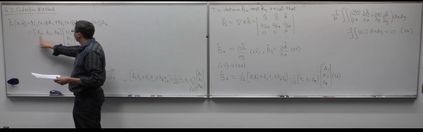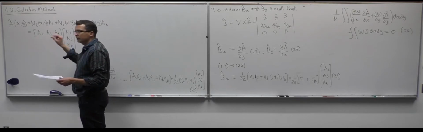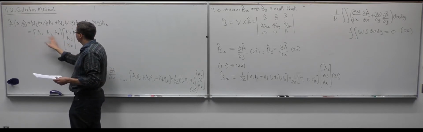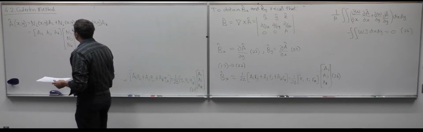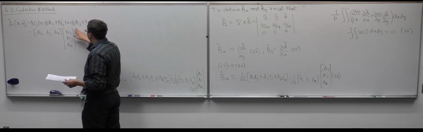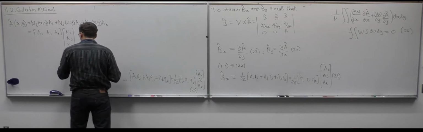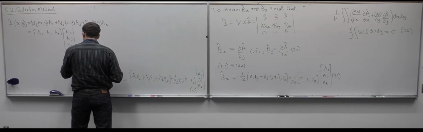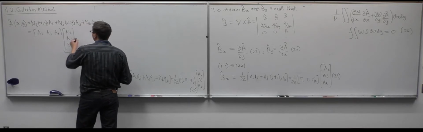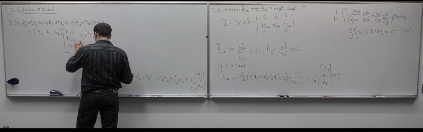The first term here is the known values at the nodes of the triangle, so that would be just numbers. This is a basis function, which is a function of x and y. Okay, and I'll call this 27.